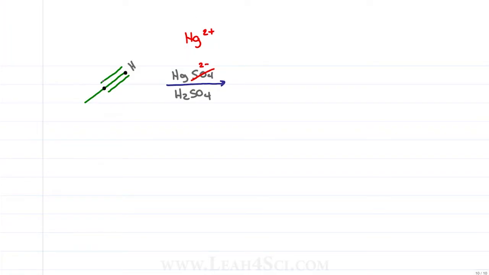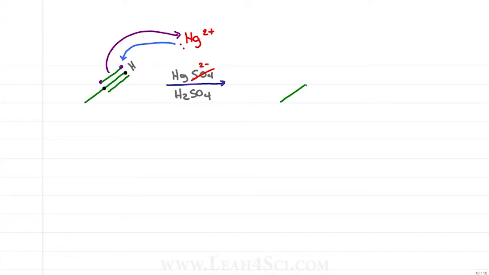And so the reaction begins when one of the pi bonds will use its nucleophilic pi electrons to reach out for and grab that mercury ion. This is where it gets interesting, because mercury does have lone electrons that it can use to attack back and form a bridged or ring intermediate.